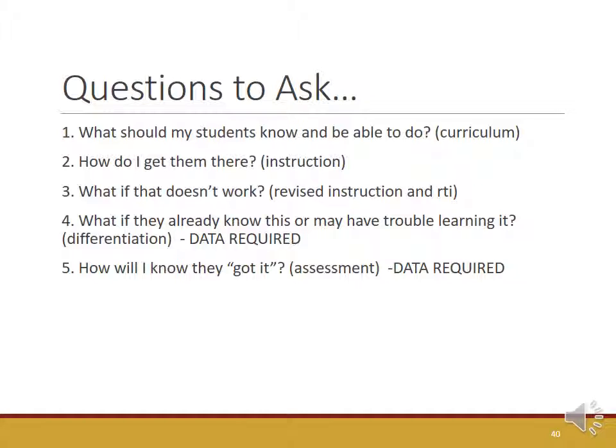Because remember, if you're using differentiated instruction, or understanding what skills your students do or do not have, you're using some sort of assessment to figure that out. So the data required sections are kind of where formative assessment is picking up those gaps.